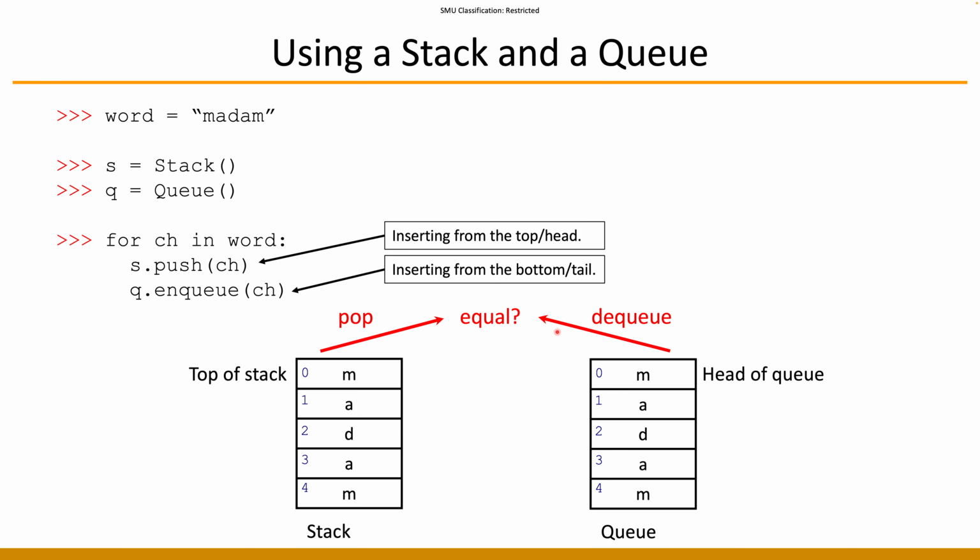So essentially, when you are comparing the elements that come out of the stack and queue, you are comparing the first element, which is from the queue, to the last element, which is from the stack, right?